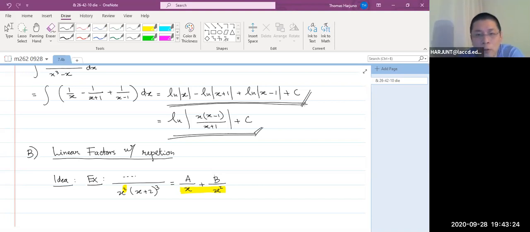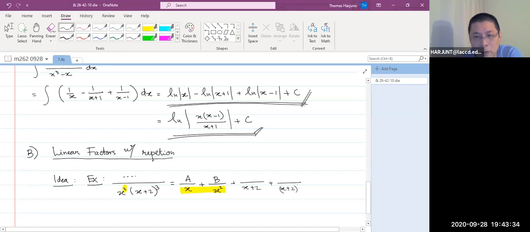Continue on. For x plus 2 to the power of 3, we will have x plus 2, x plus 2 squared, x plus 2 cubed.